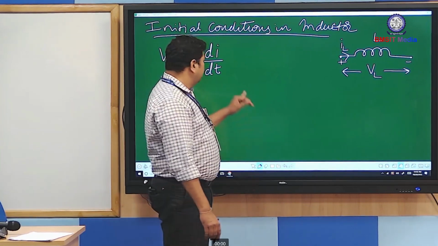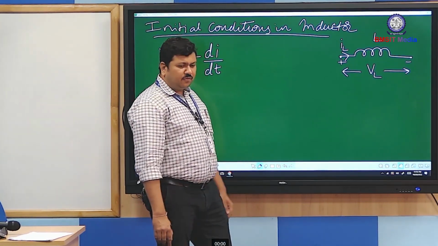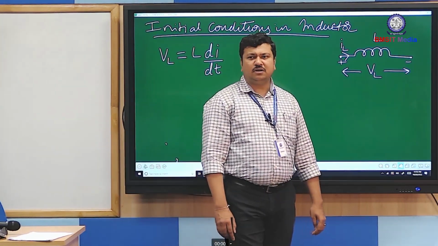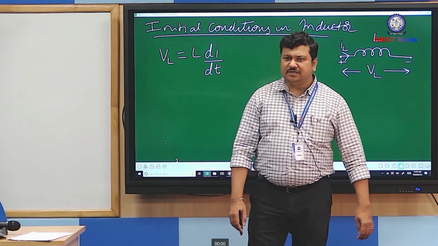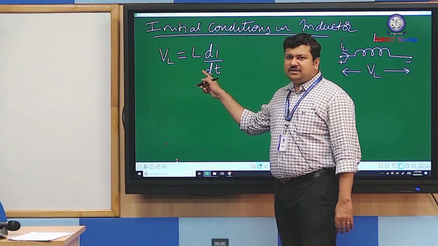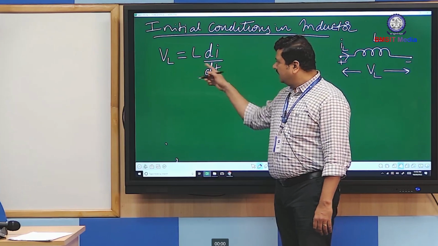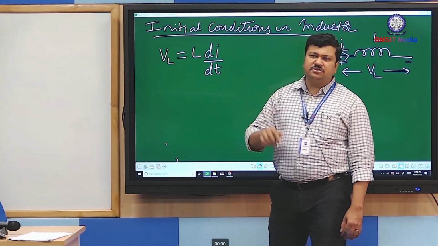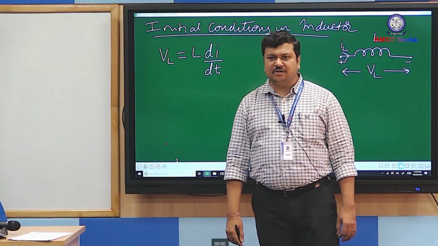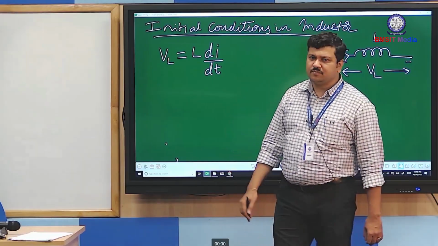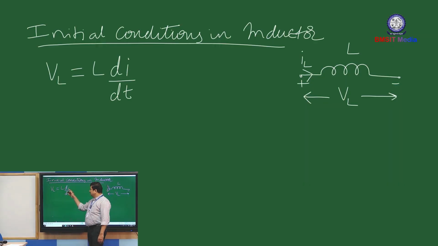So I gave the expression for the EMF across an inductor as the expression for self-induced EMF. This L di by dt indicates the average self-induced EMF across an inductor over a period of time dt. Okay. Now, to be specific, it will be L dIL by dt.